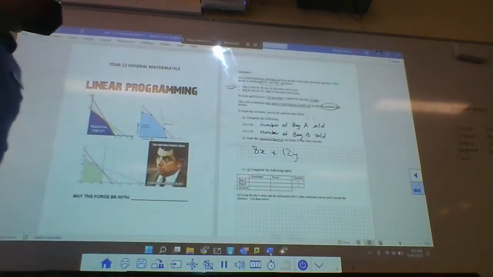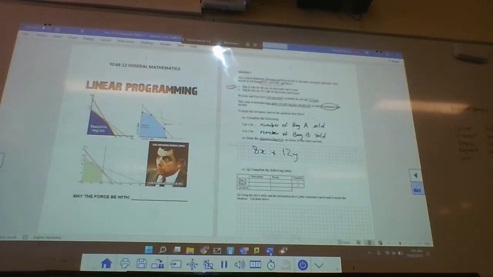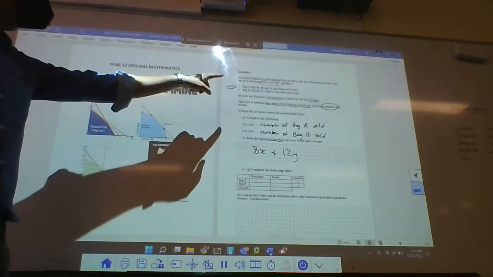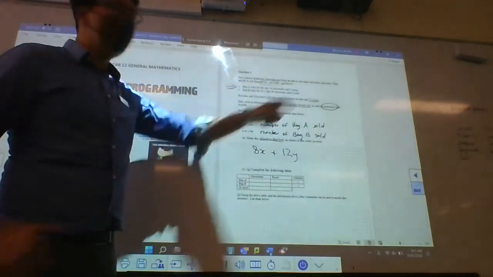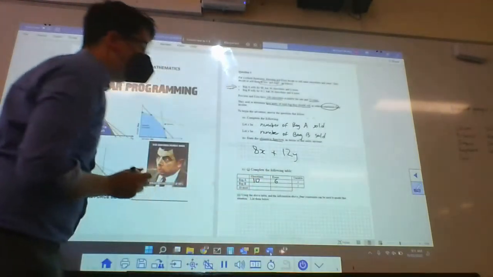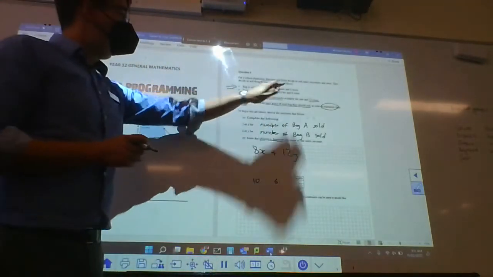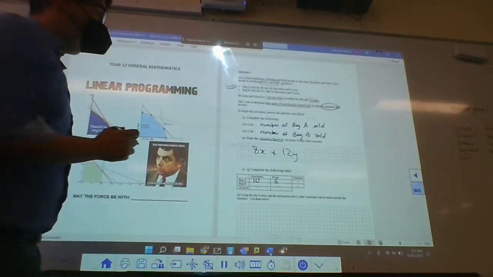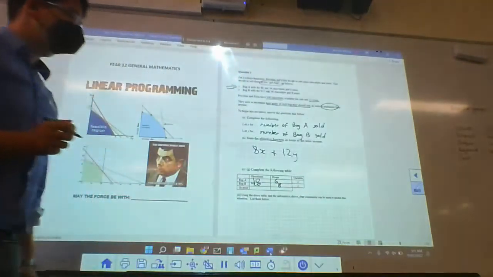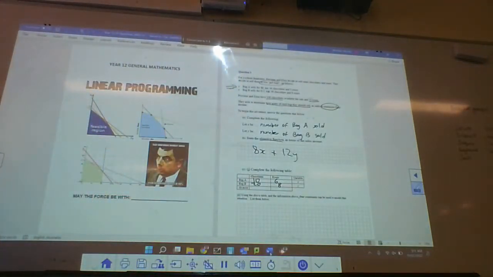Next up, we've got this little table that we're going to complete. Bag A has how many chocolates and how many roses? 10 and 6. So let's fill in this information. We've got 10 chocolates, 6 roses. And bag B has 20 chocolates and 8 roses. 20 and 8.